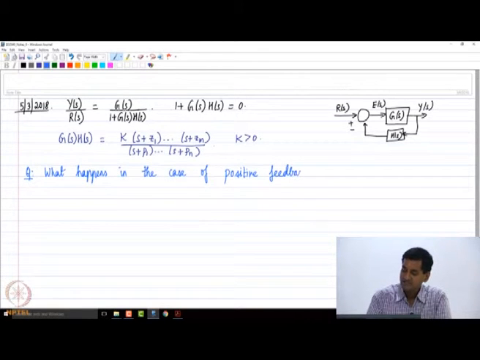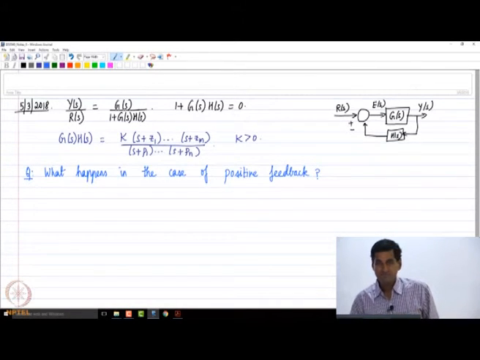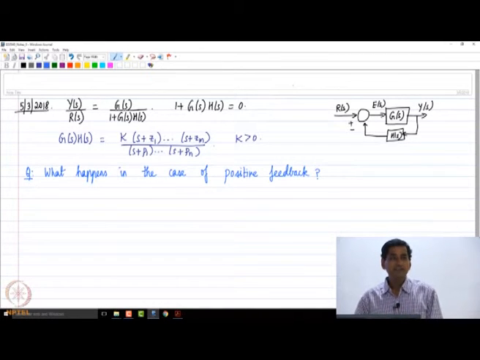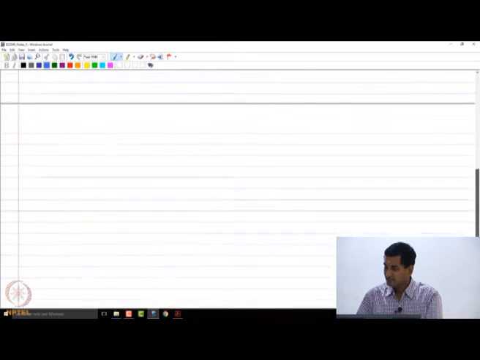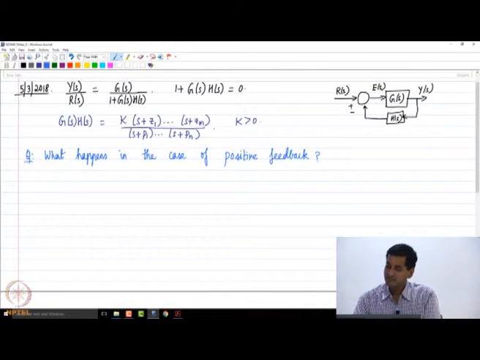The structure of G of s H of s is k times s plus z1 to s plus zm divided by s plus p1 to s plus pn, and k being positive. So if we had the same structure, the only difference being that instead of negative feedback we had positive feedback, how is this block diagram going to change?